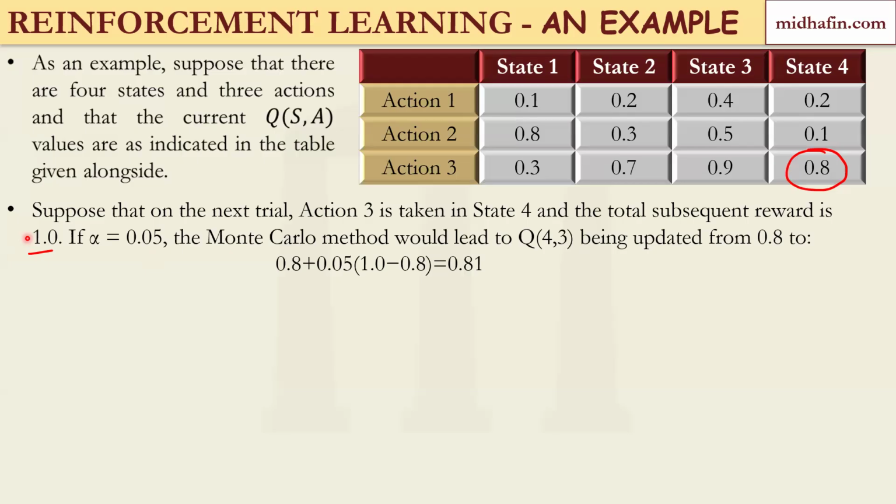You are concerned that you took this action in this particular state, and you thought that you would eventually get 0.8, but finally you got 1. So obviously, after this step, things turned out even better. So let me increase my estimate a little bit for this particular action, because this is a better action. Now I've realized it. So I'll update my belief that this is a good action.